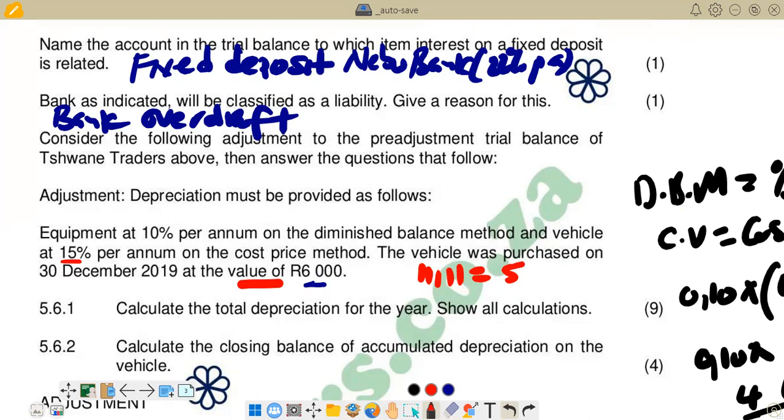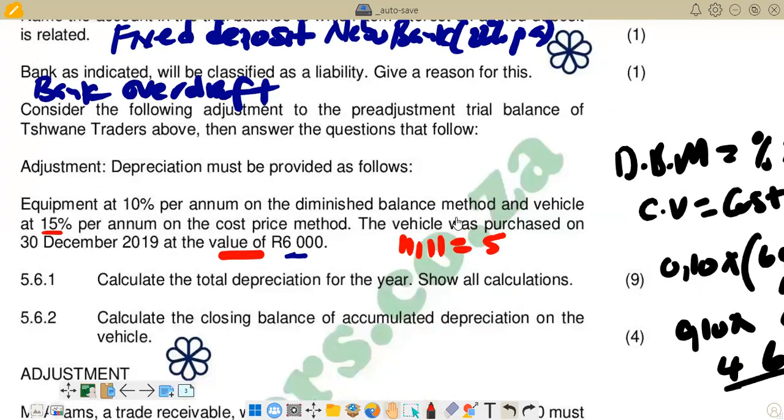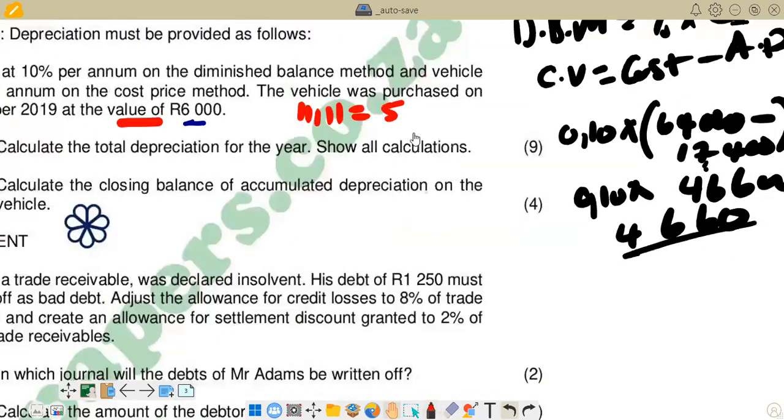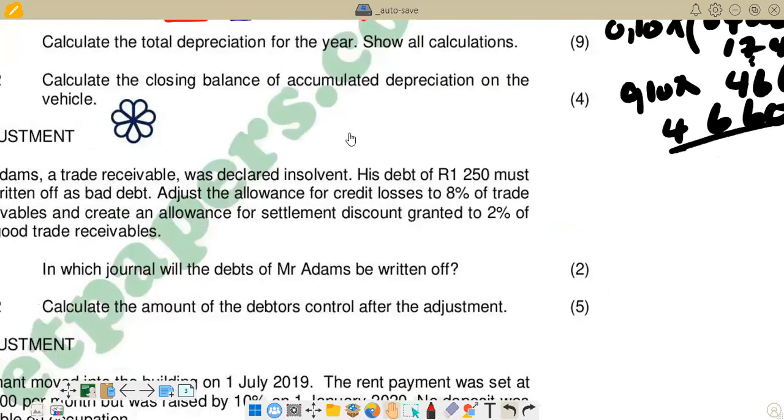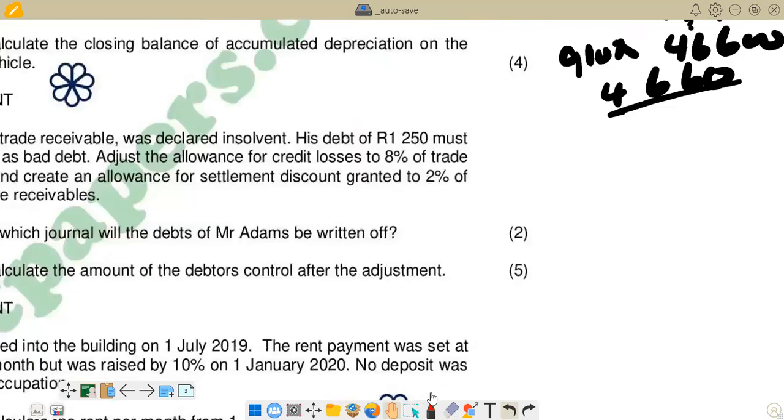So let's try to make that calculation. So here on depreciation, we are saying depreciation of vehicles. Now we are on vehicles. On vehicles, the one that stayed the whole year was 92,000, and the rate is 15%.